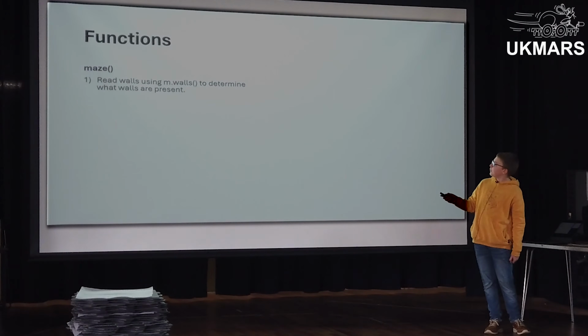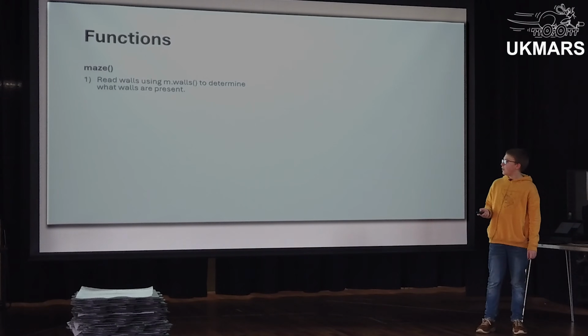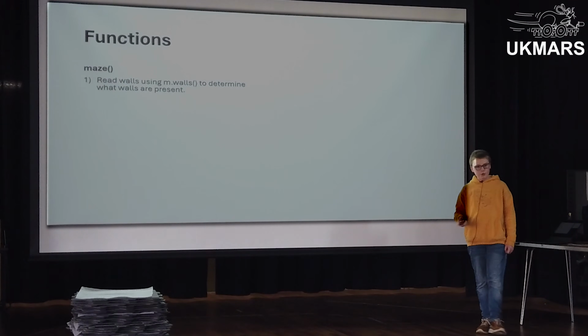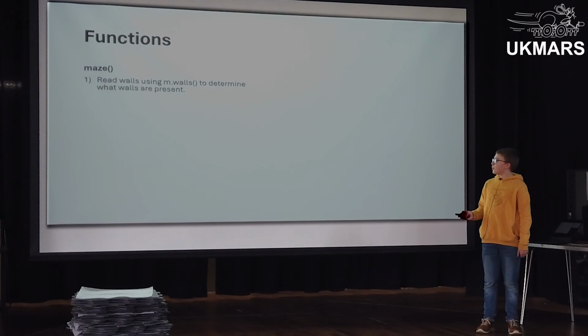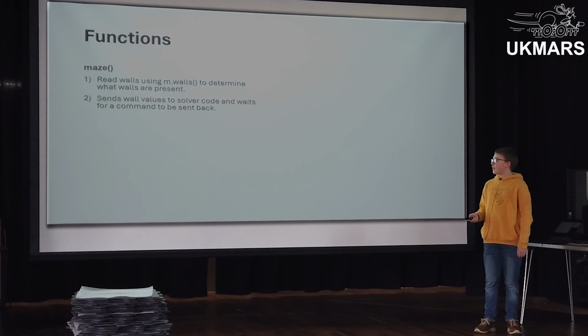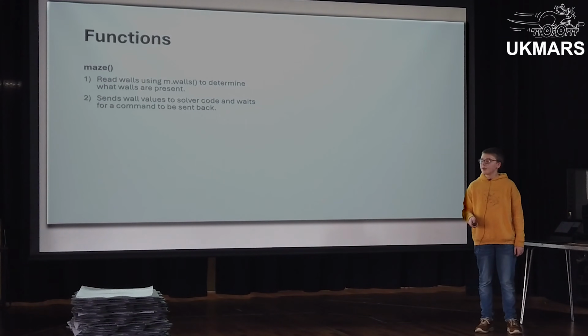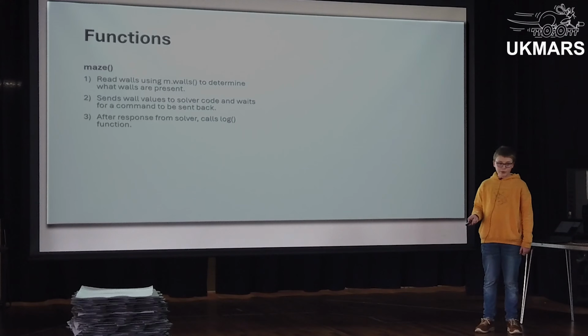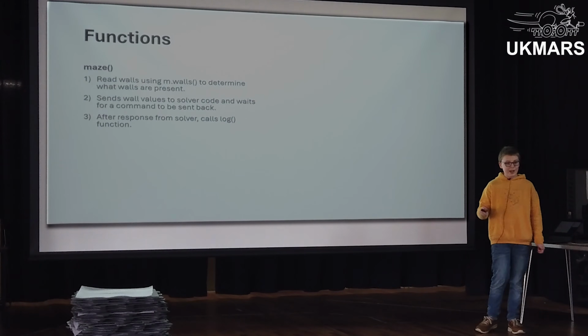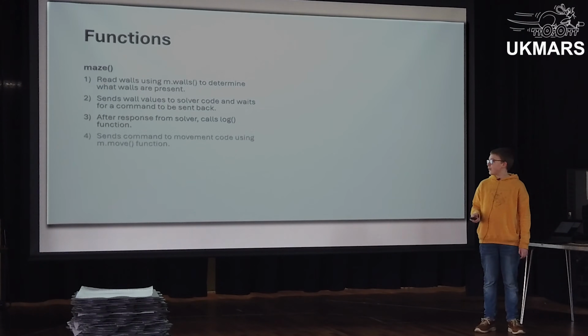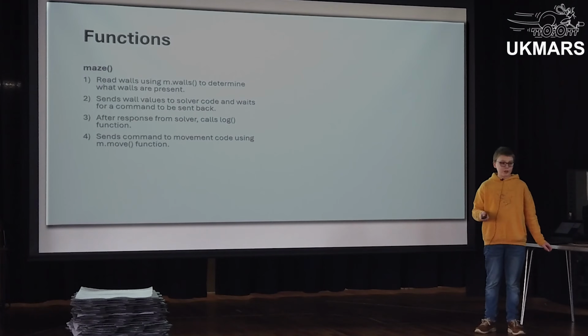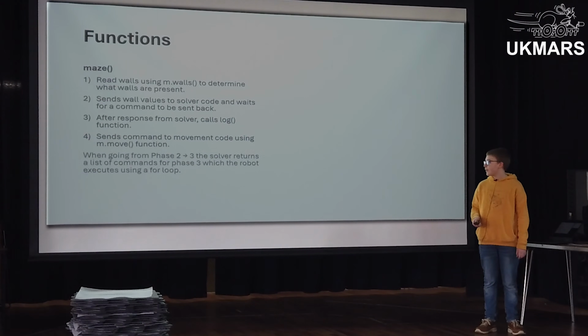The main functions include maze, which is when the solver is in control. We read the walls using m.walls to determine what walls are present. We send the wall values to the solver code and wait for a command to be sent back. After a response, we log the walls and the response, and then we send the command to the movement code using m.move.